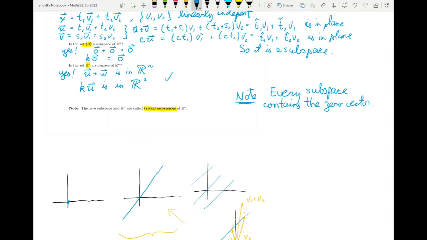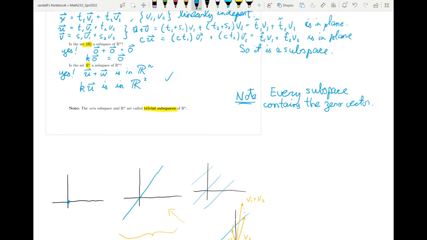Why is this useful? Because we often want to know whether a subset is a subspace, a yes or no answer. This fact, that every subspace contains the zero vector, can be used to easily prove that a subset is not a subspace.